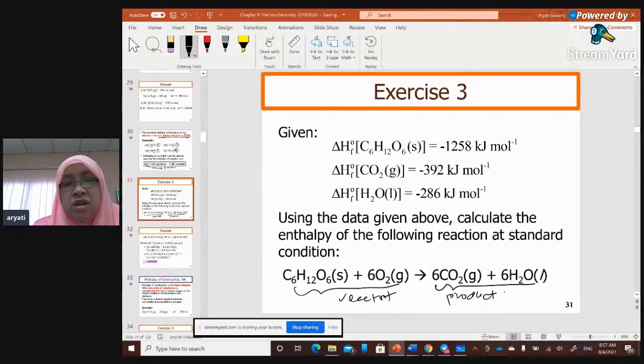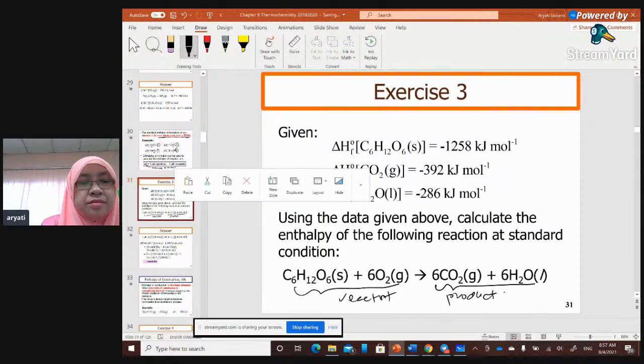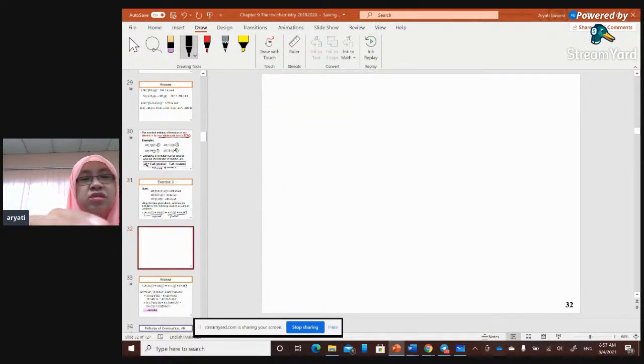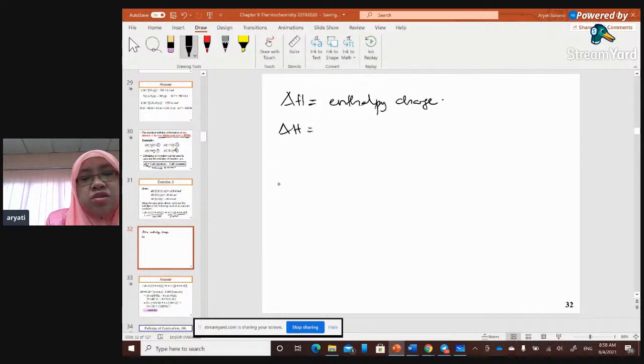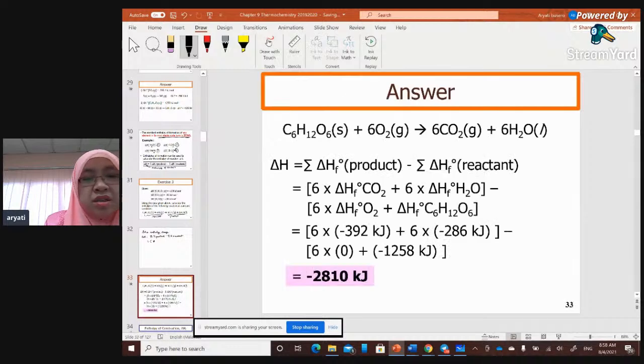So for the reaction, kamu ada left side is your reactant, okay, right side is your product. So macam ni. So kamu nak kira delta H, ini ialah enthalpy change. So enthalpy change delta H adalah jumlah enthalpy produk minus jumlah enthalpy reactant. So enthalpy produk ialah, okay, kat sini dia bagi enthalpy of produk kamu ialah CO2.